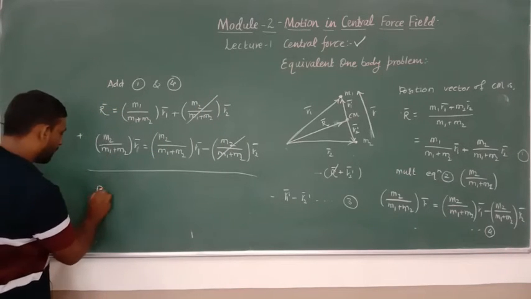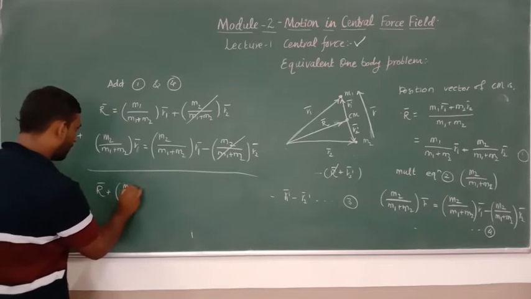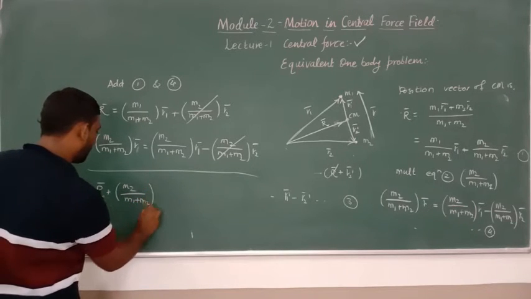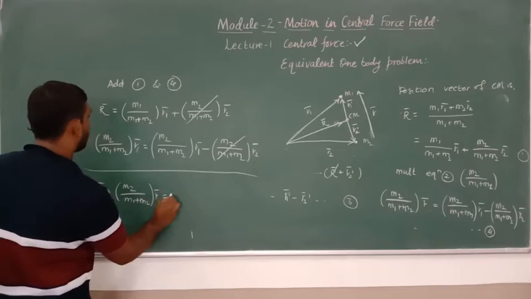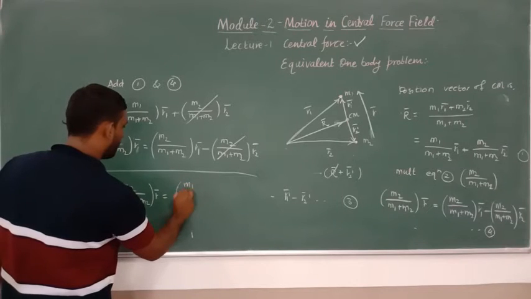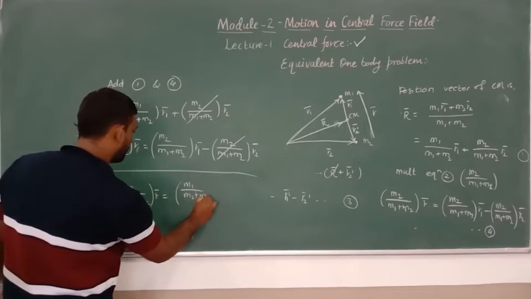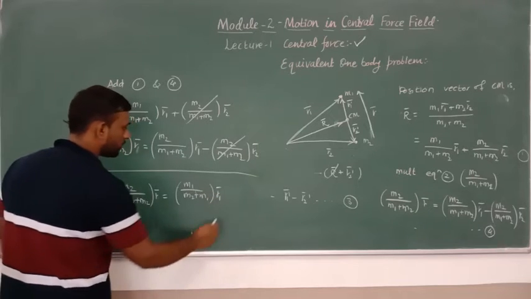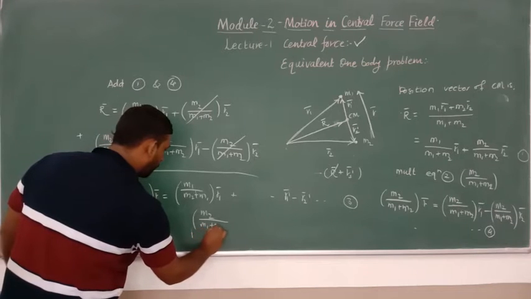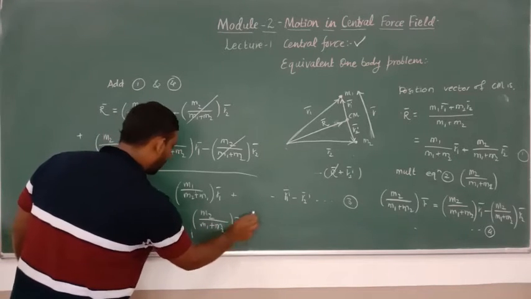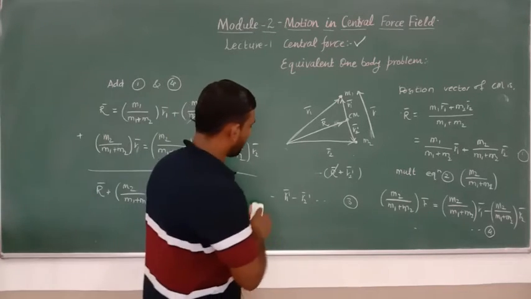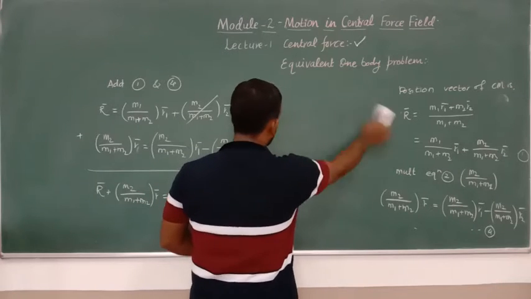We have r bar plus m2 upon m1 plus m2 r bar is equal to m1 upon m1 plus m2 r1 bar plus m2 upon m1 plus m2 again r1 bar. So r1 bar is common, take it as common and represent the equation.